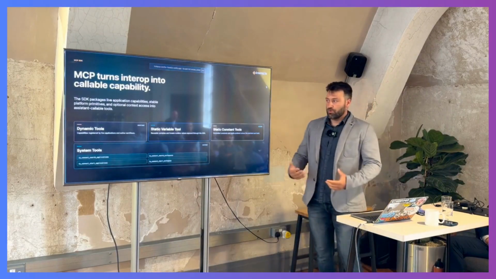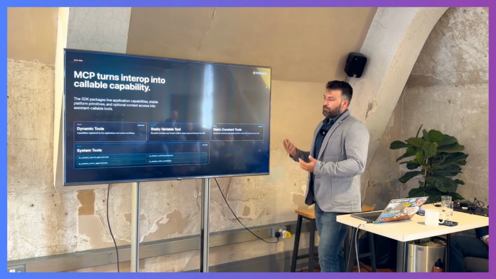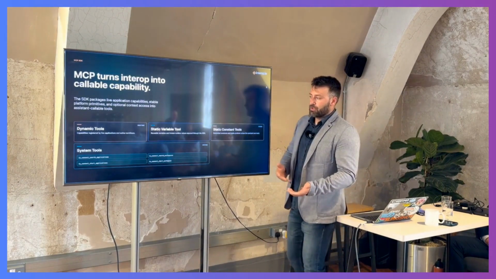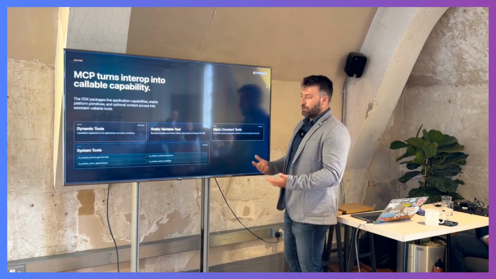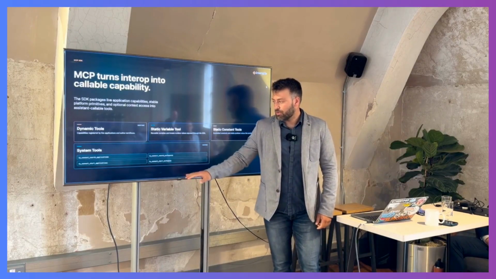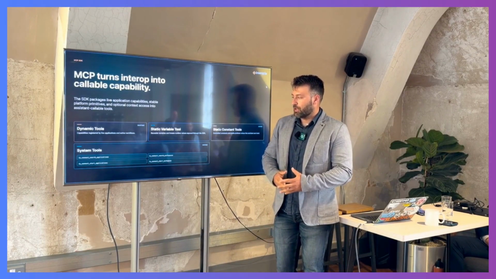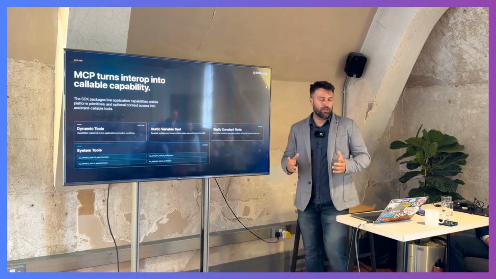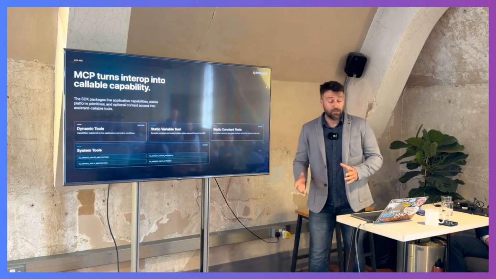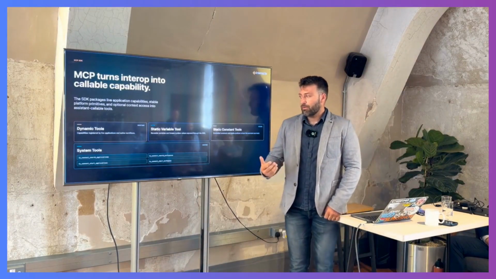But we also introduced tools out of the box, because we are the people that understand best the applications that run in our system, and we understand how to interop with them. This is our stuff. So we designed four tools, whose role is to help the LLM understand what capabilities your IO Connect has in terms of applications and workspaces, and how they operate. What do I mean by that?